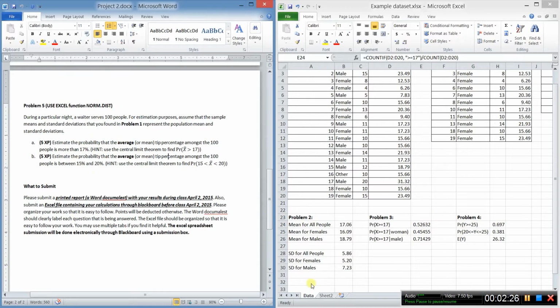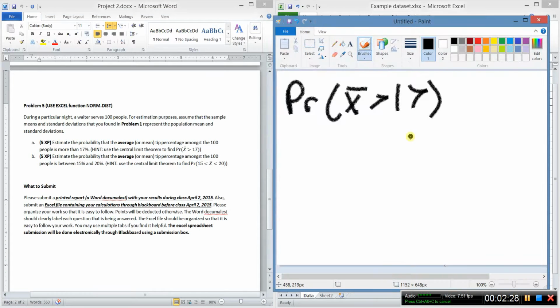So let's see here. I'm going to write this here. We're going to assume that x bar follows a normal distribution because we're going to use the central limit theorem, which says that as long as the sample size is large, and in this case n is 100, it's okay for us to assume that x bar follows a normal distribution.